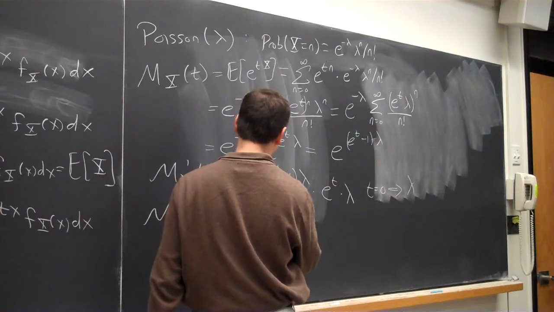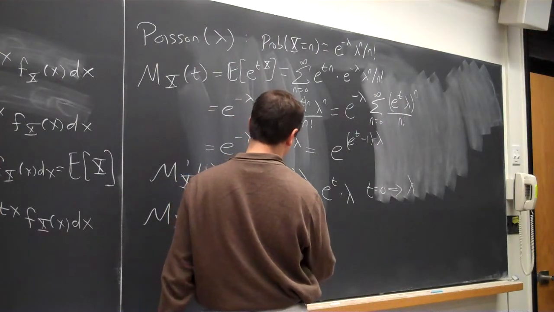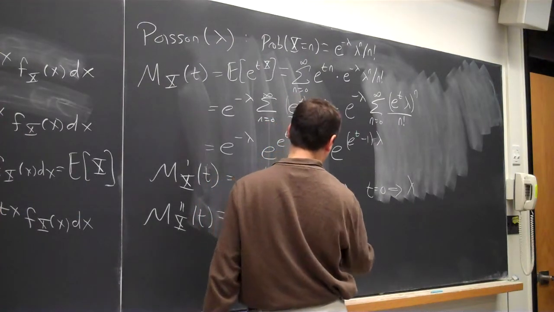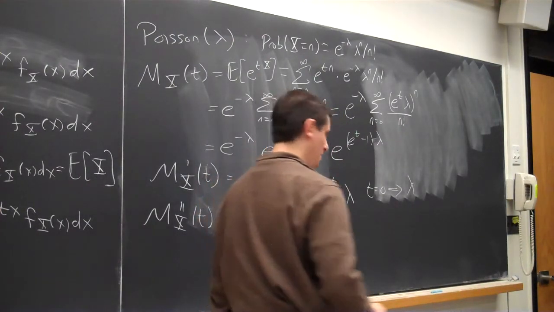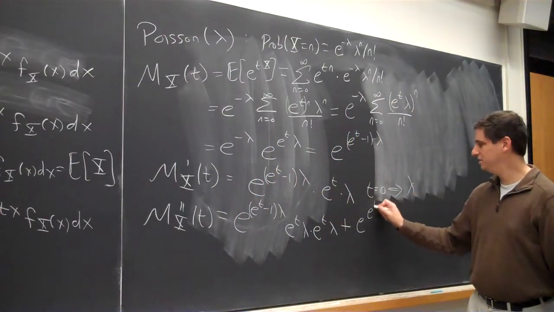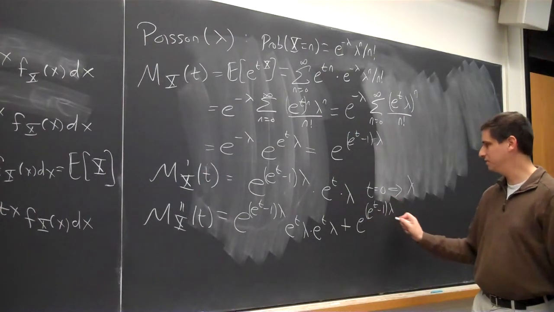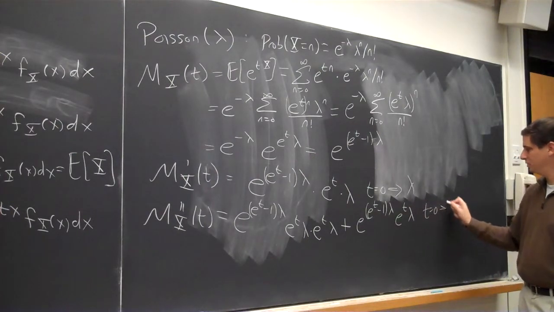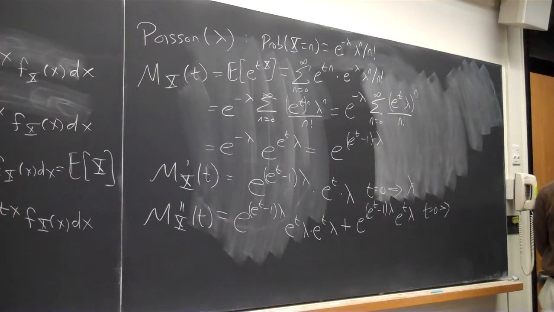So e to the (e^t minus 1) lambda times the derivative of this, which is e^t times lambda, times this piece, which is e^t times lambda, plus this times the derivative of that piece, e to the (e^t minus 1) lambda, e^t times lambda. Alright, so when t equals 0, what do we get? Yeah, lambda squared plus lambda. Lambda squared plus lambda, excellent.